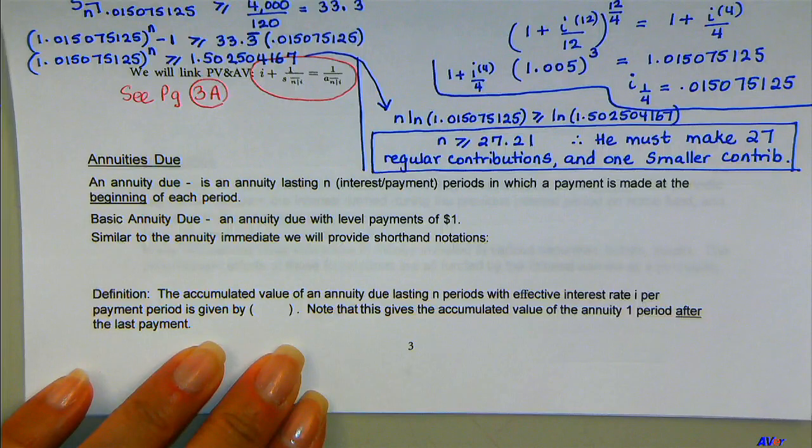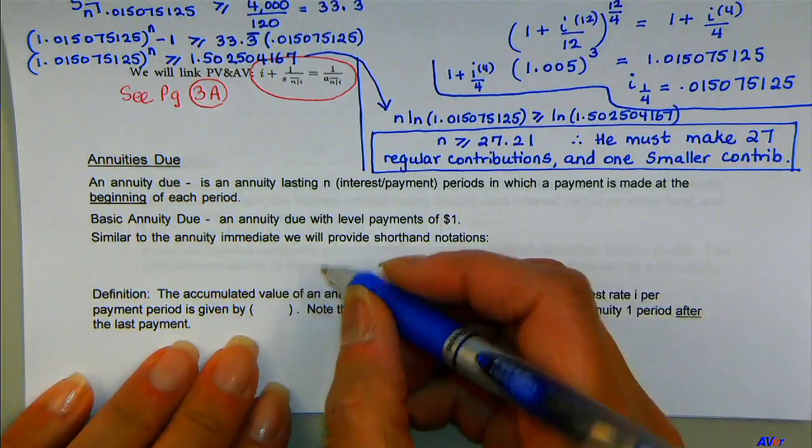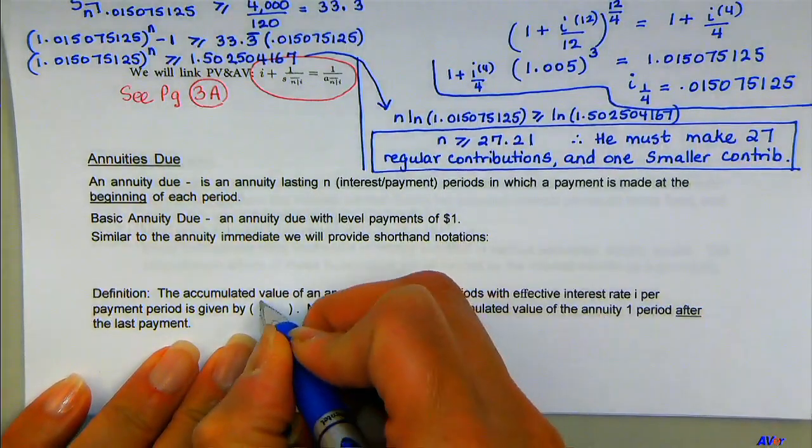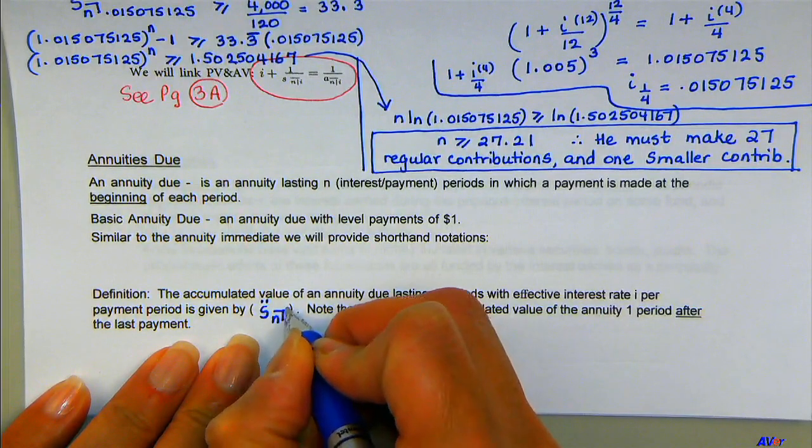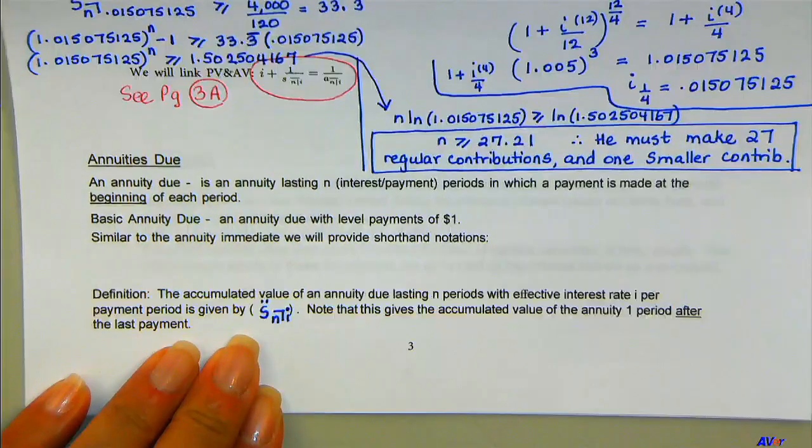The accumulated value of an annuity due lasting n periods with effective interest rate I per payment period is given by S double dot angle N at I. Note that this gives the accumulated value of the annuity 1 period after the last payment.